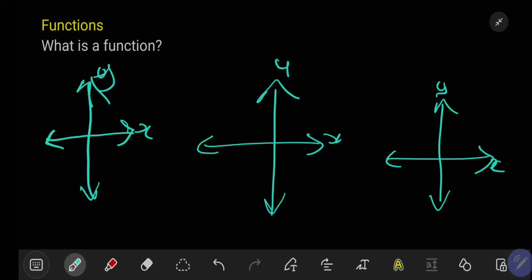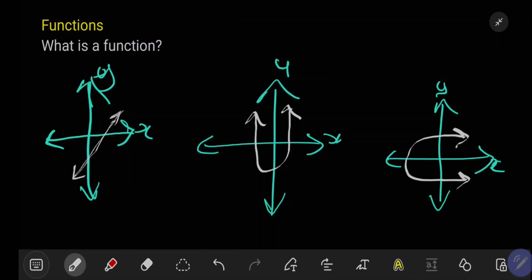The first graph goes like this, the second function is like this, and the third function is given like this. We want to check whether graph A, graph B, and graph C are functions or not.